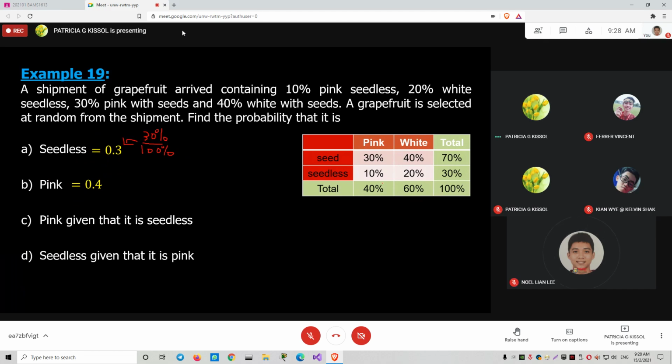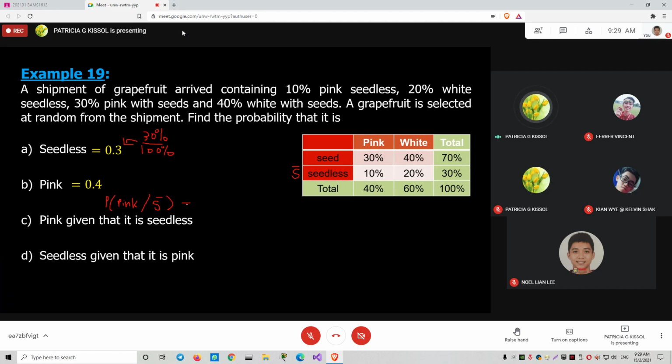Then we have pink, given that it is seedless. This question asks for the probability it is pink given that it is seedless. Say I label seedless as S bar.